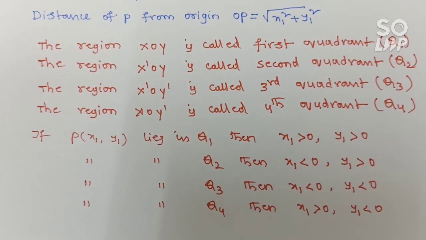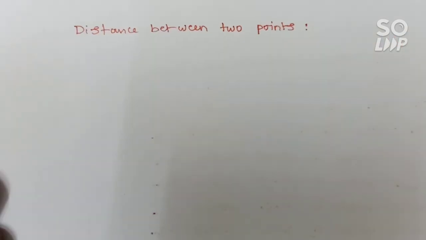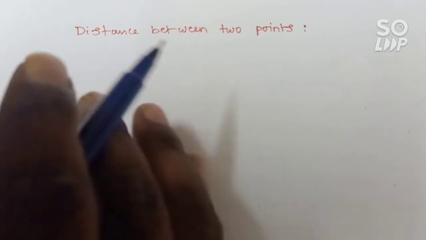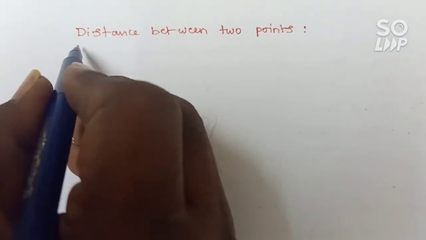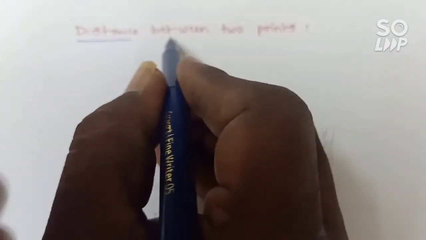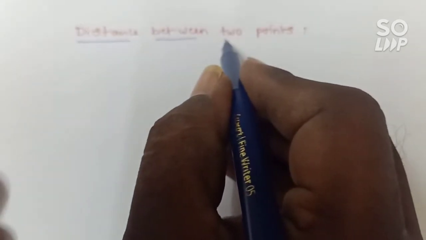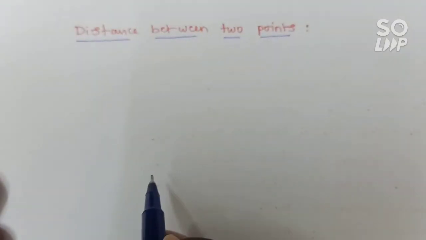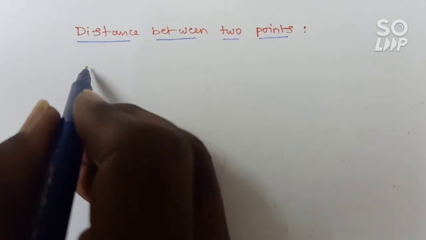Now we are going to discuss the very first concept in the coordinate system, the distance between two points. Here is how to find the distance between the two points.